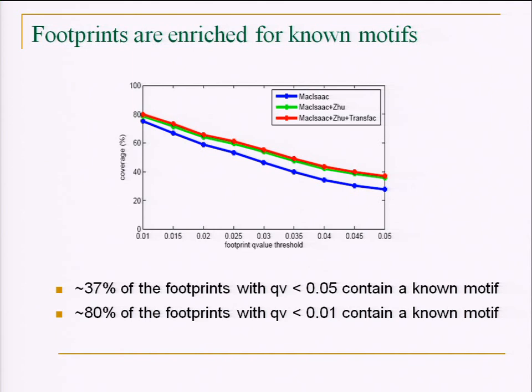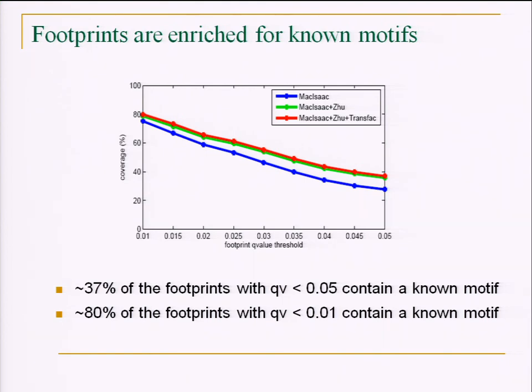With this plot, we show how many of the identified footprints actually contain a known motif. The x-axis shows the footprint Q value cutoff varying from 0.1 to 0.05, and the y-axis is the fraction of footprints containing a known motif.